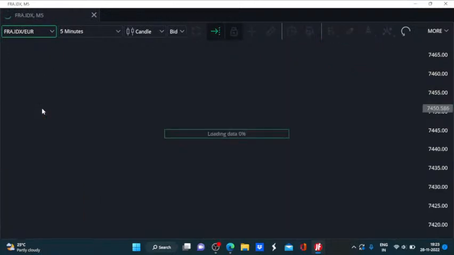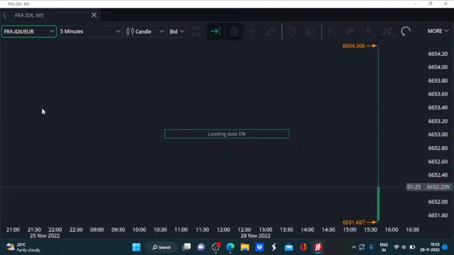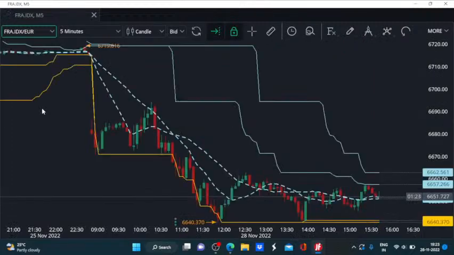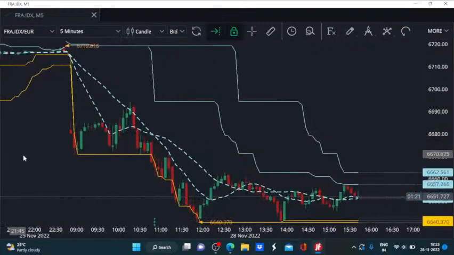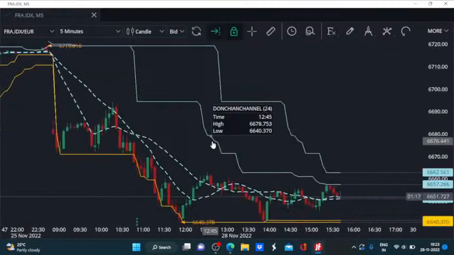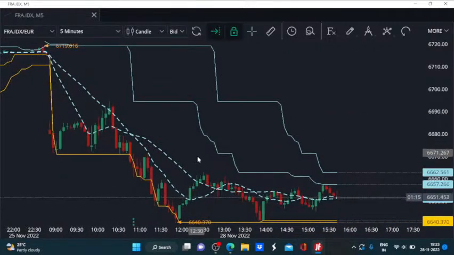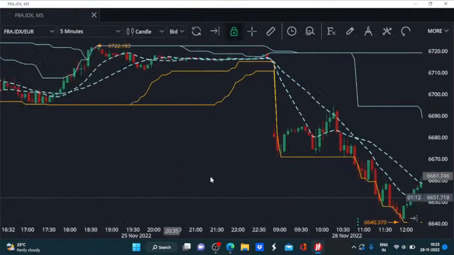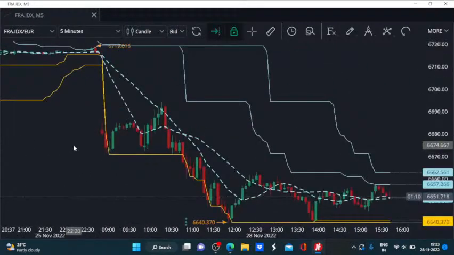And let's consider the case of CAC 40. CAC 40, it's the story of contrast. It is one of the strongest on the bearish side, and here I think it is pretty much in line with the trajectory of the DAX.